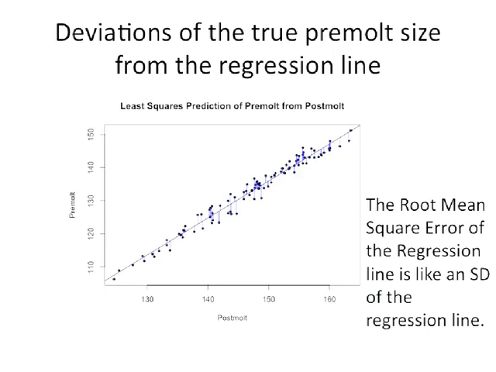We take the actual observed value and subtract off the estimated value based on the regression line. And so these are deviations only in the vertical distance, because we're looking at the error in our prediction for pre-molt size. And the line that was fitted, this regression line, minimizes those deviations squared, the root mean square of those deviations. These are the deviations in the y direction, in pre-molt size.